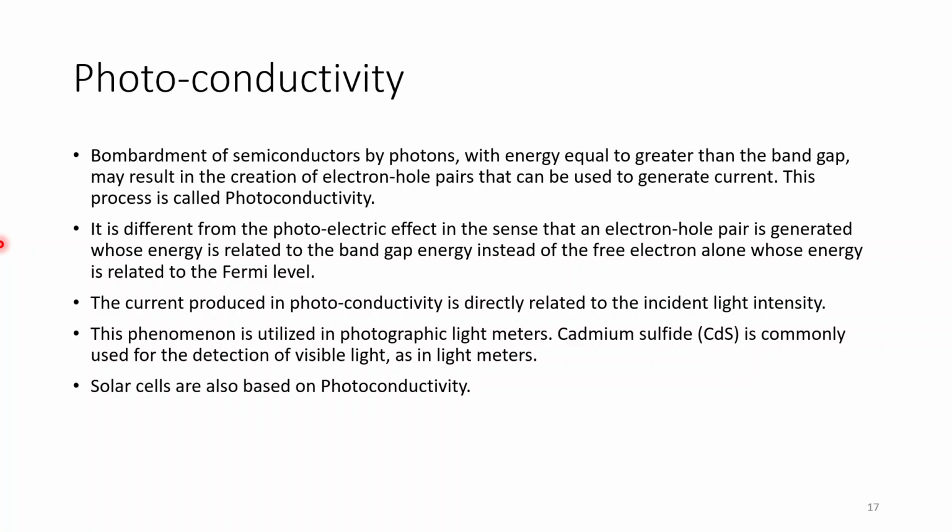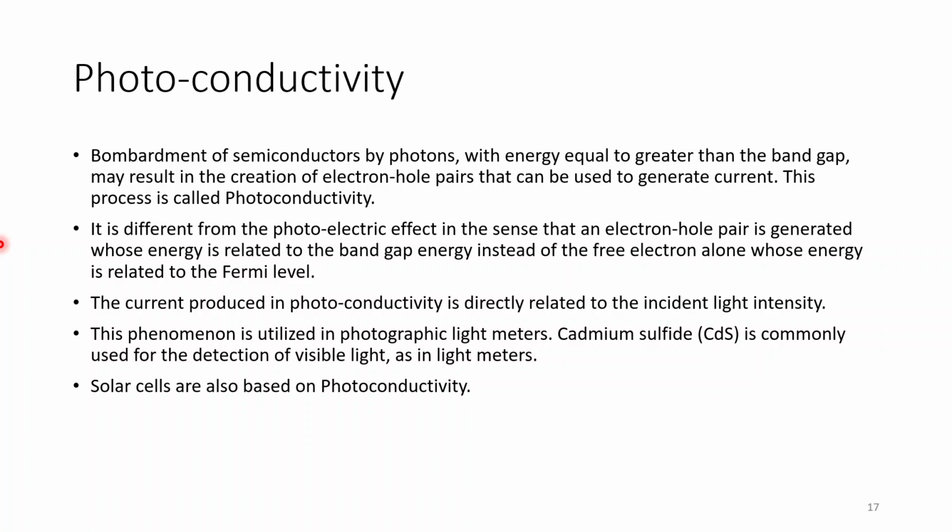This process is called photoconductivity, and it is different from the photoelectric effect in the sense that an electron hole pair is generated whose energy is related to band gap energy, instead of a free electron alone whose energy is related to the Fermi levels.